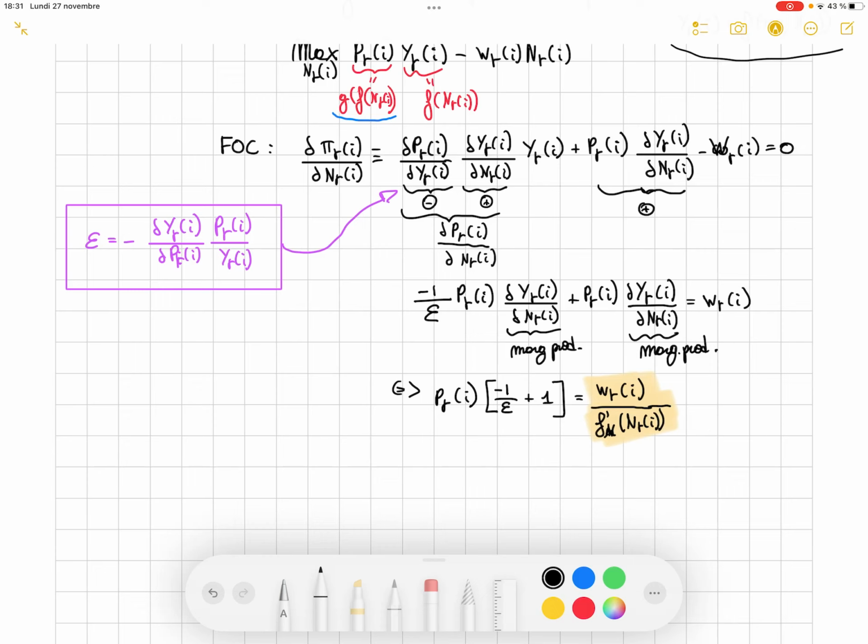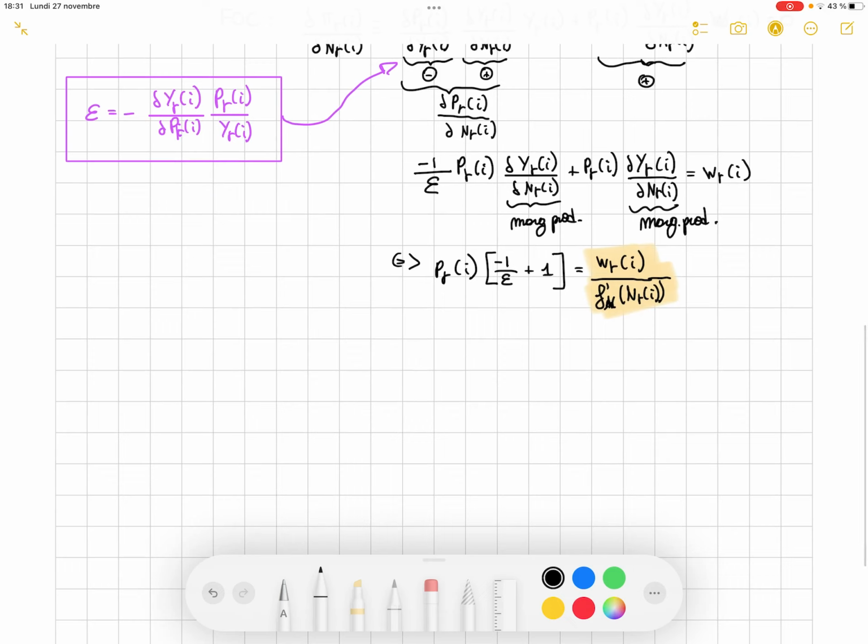So you are dividing the price of the factor by what it brings in terms of production.